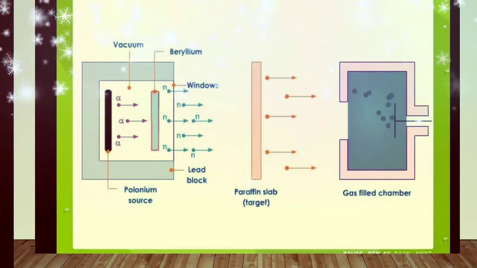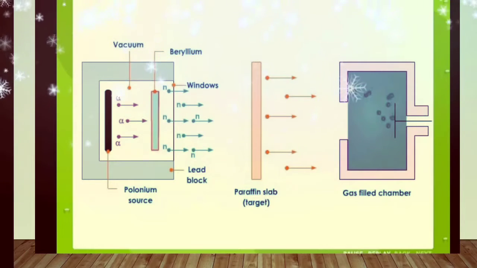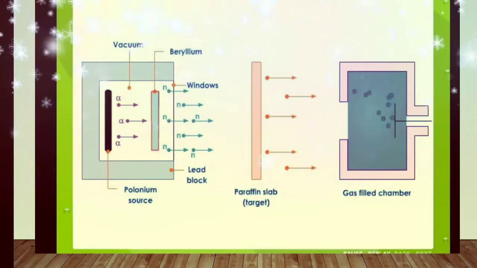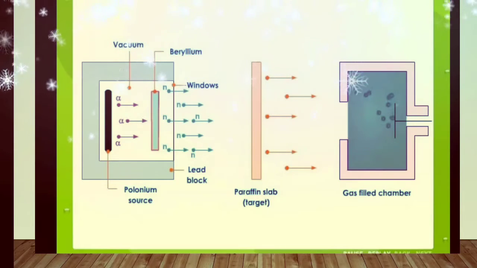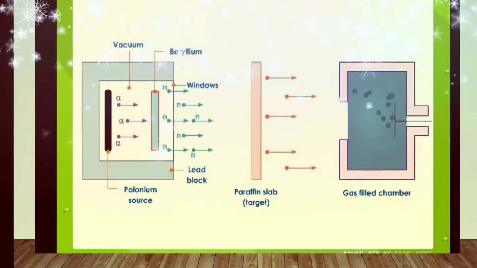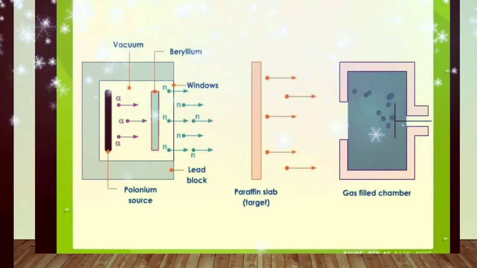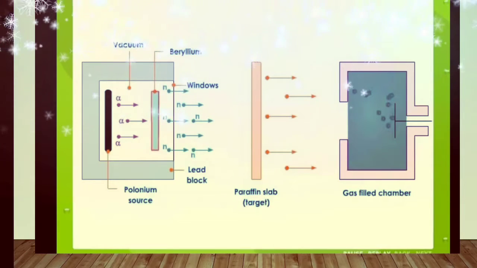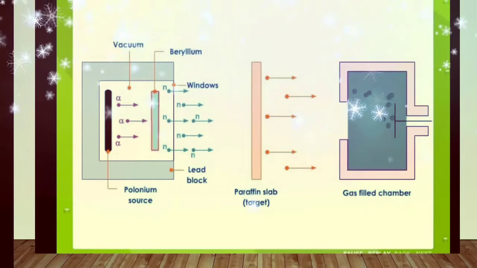He calculated the speed of these particles, and he found that these particles have mass equal to the mass of a proton, and they have no charge. They are electrically neutral.